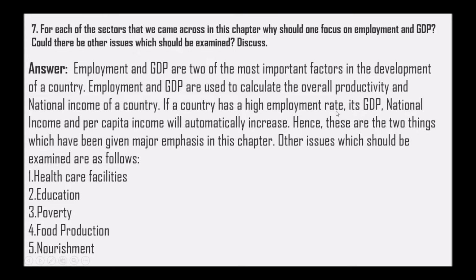If the country has a high employment rate, its GDP, national income, and per capita income will automatically increase. Hence, these are the two things which have been given major emphasis in this chapter. Other issues which should be examined are as follows: healthcare facilities, education, poverty, food production, nourishment.